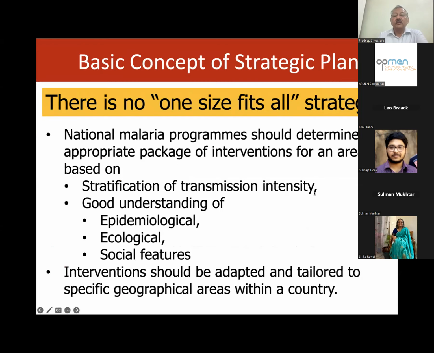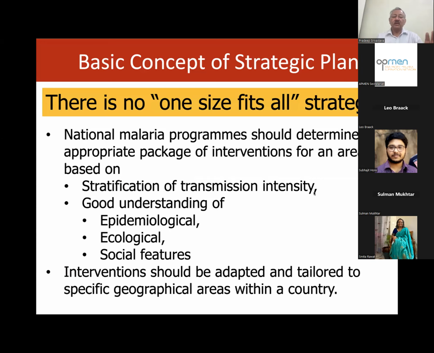During this program, based on so much variation which we have seen across the earlier slides we have been discussing, there is no one size which fits all these strategic approaches. That is why the national programs, the different countries sitting here, should stratify based on a clear understanding.